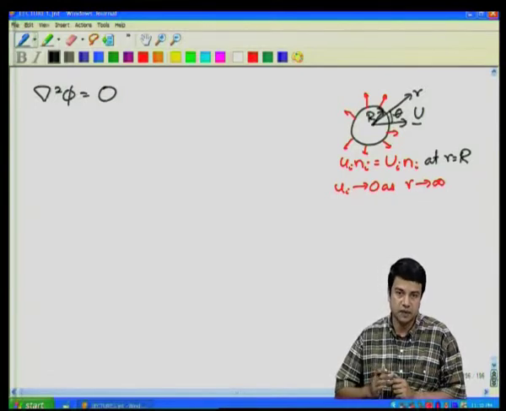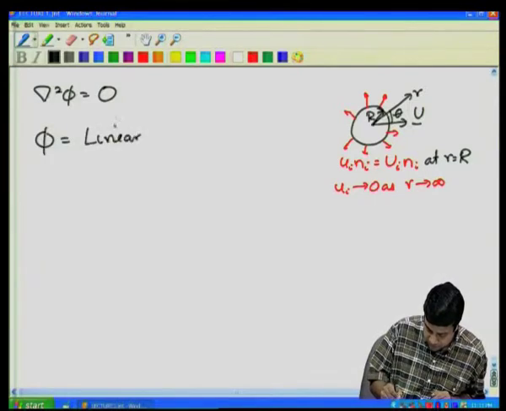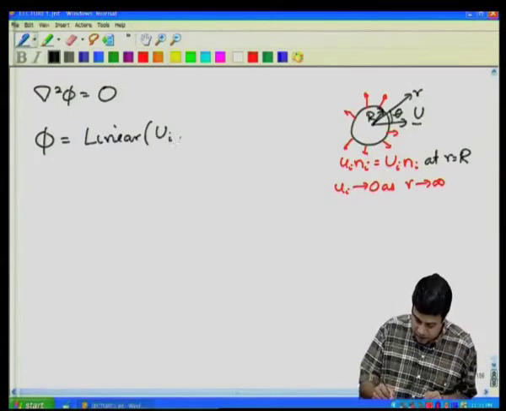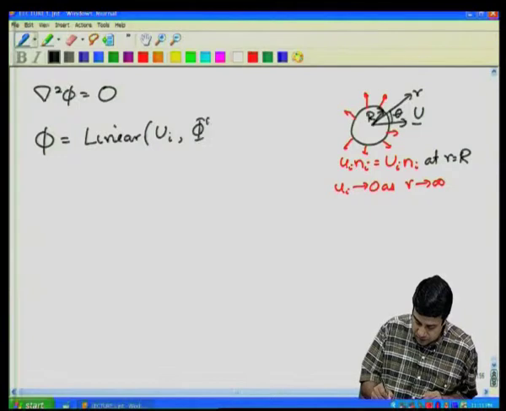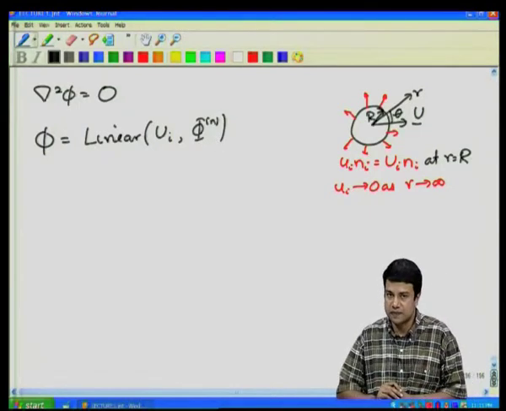And since the gradient of potential is equal to the velocity, the potential is also linear in the velocity of the sphere. So, therefore, my potential function has to be linear in the velocity of the sphere as well as in one of the harmonics.